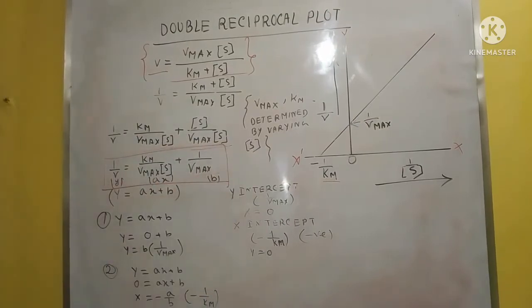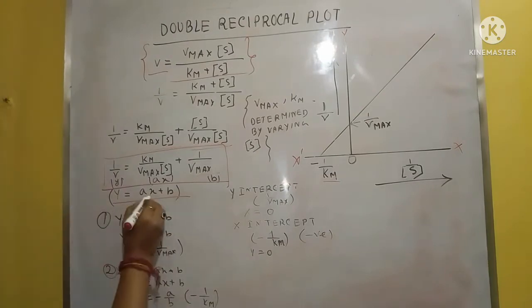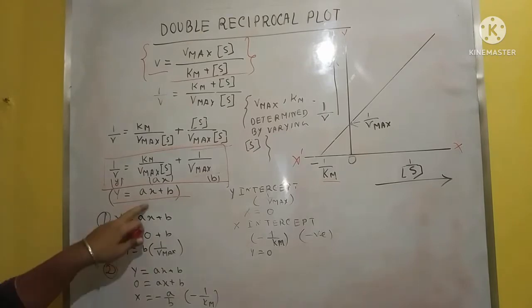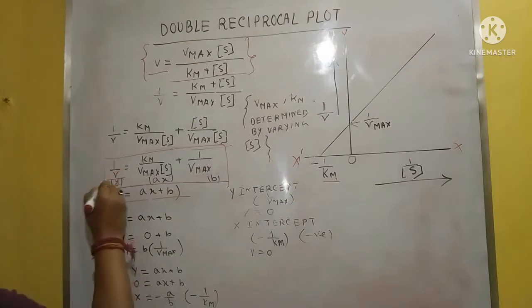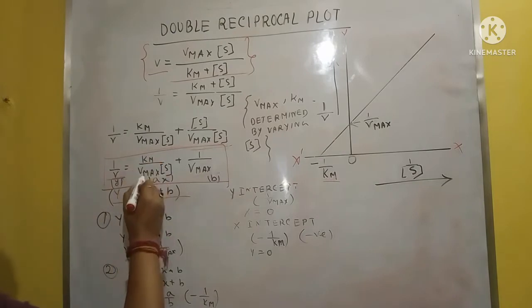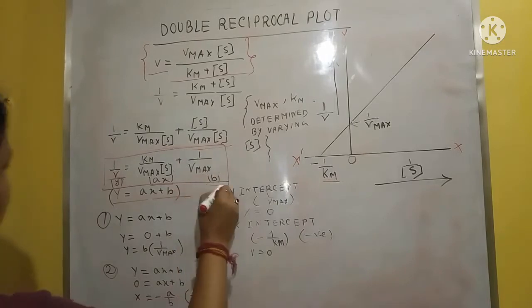This is actually the equation of a straight line. You can say y equals ax plus b. This is the straight line formula, y equals ax plus b. Now 1 by V is the y, Km by Vmax S is the ax, and 1 by Vmax is the b.